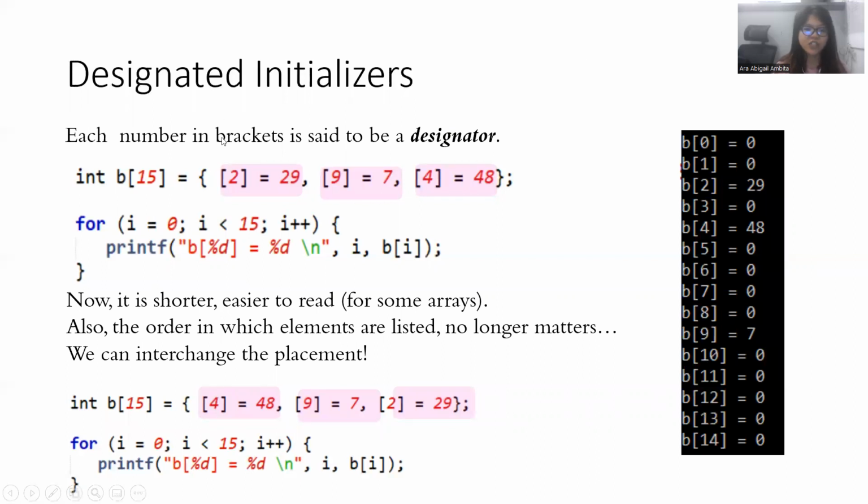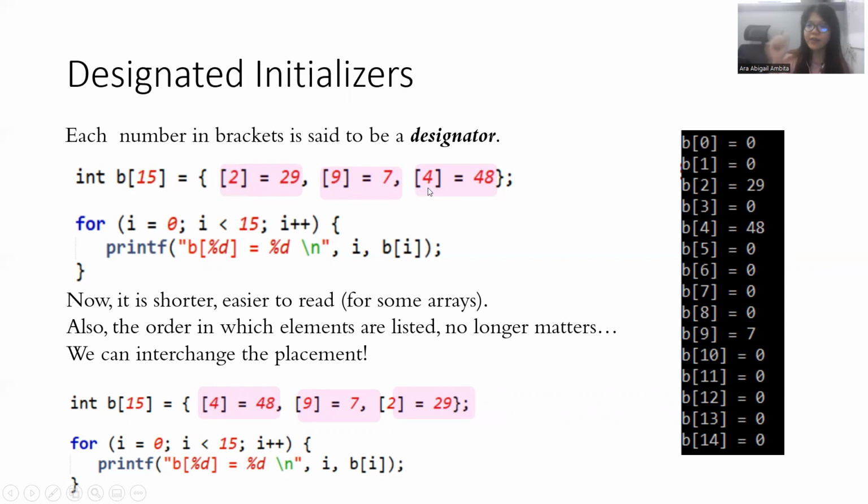So each number in brackets is said to be a designator, right? So let's say we have an array B with a length of 15, and we only want to initialize values for positions 2, 9, and 4.